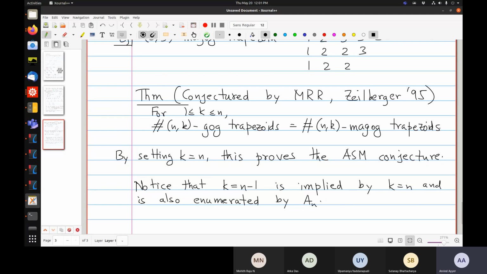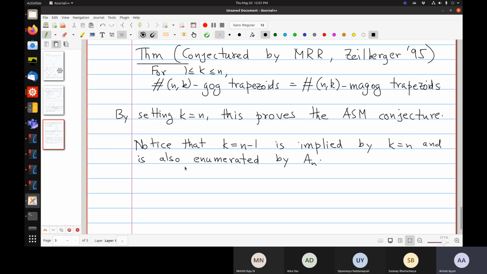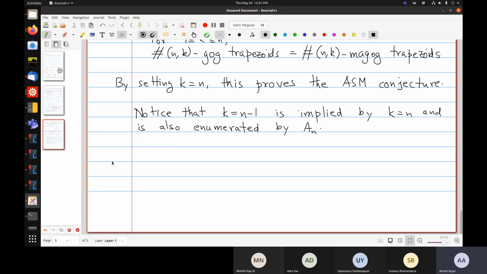I want to give you the flavor of the proof idea. We won't be able to go into detail, but at least we can see the starting point. But before I do that, I want to mention another generalization.